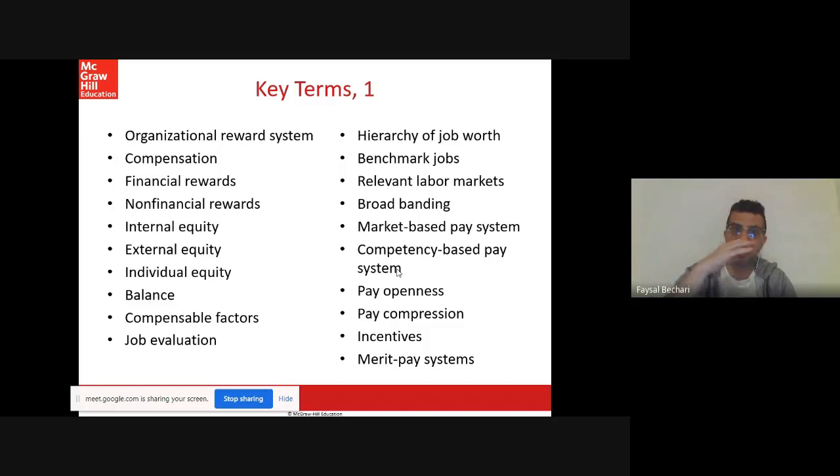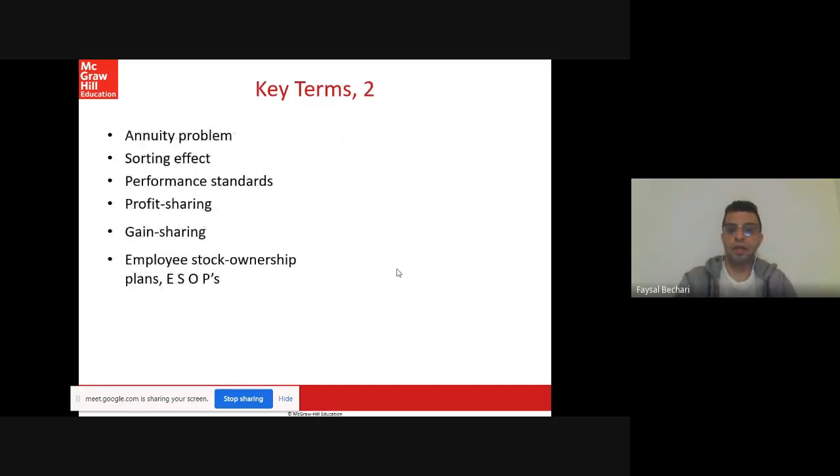It's nice to have a benchmark job. We talked about the relevant labor market to look outside. We looked at broadbanding, the market-based system, and competency-based pay, where we pay based on how competent the individual is. We spoke about incentives, the merit system, and the annuity problem we might face. We talked about profit sharing, gain sharing, and the employee stock ownership plan.